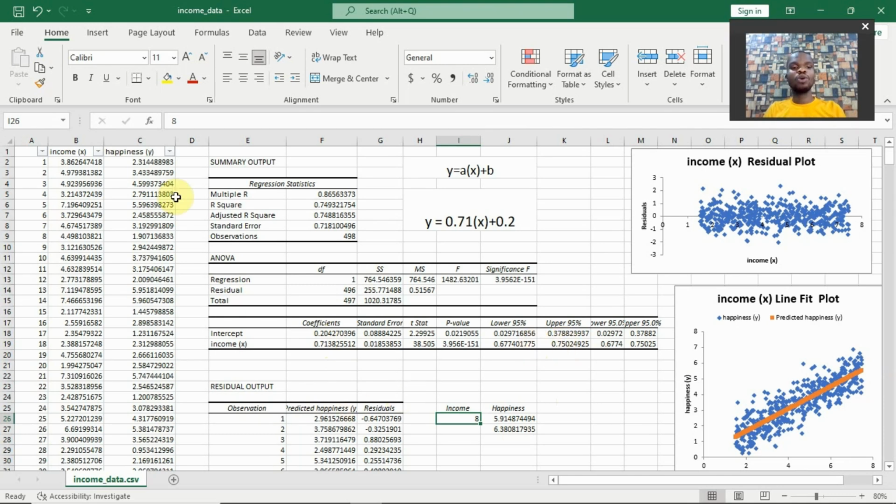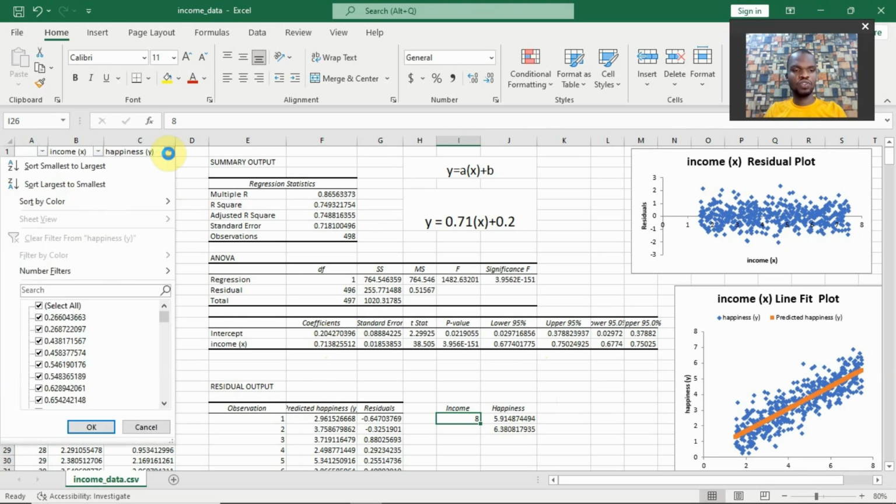Okay, so when we had values that were 6.8 and 6 point something, remember we have little errors in our data, because you're having residuals. It was not accurately predicting every value, right?